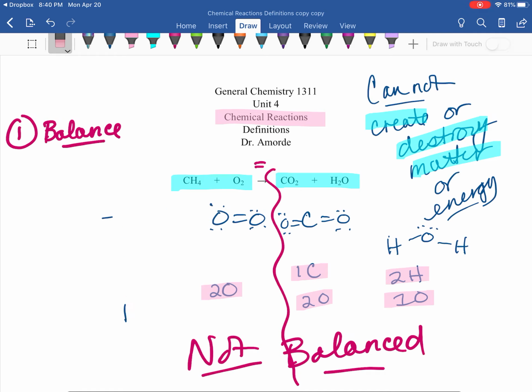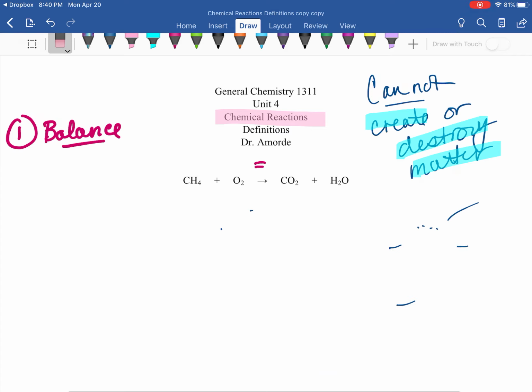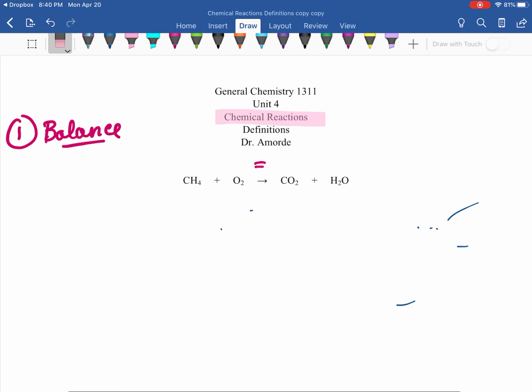So how do you do that? Well, take a screenshot for a second. I want to just literally spell out what's in each side. What I like to do is add up what's in each side. And then just make sure, like we just did, if we are balanced or not balanced.